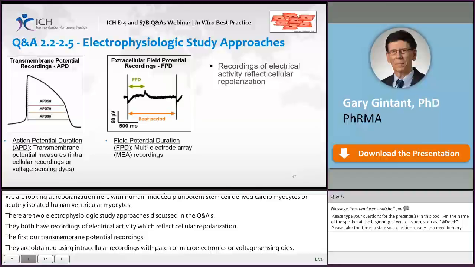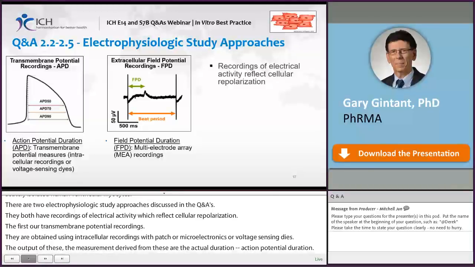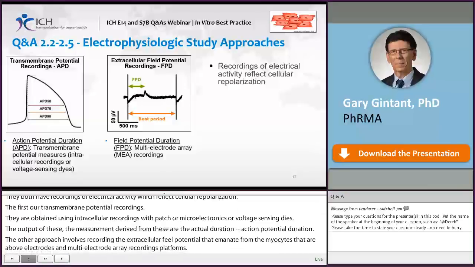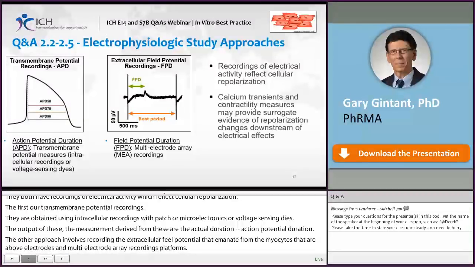The other approach involves recording the extracellular field potentials that emanate from the myocytes that are above electrodes in multi-electrode array recording platforms. So here we are recording the field potential duration, or FPD, which is measured from the depolarizing waveform to the peak of the repolarizing waveform.